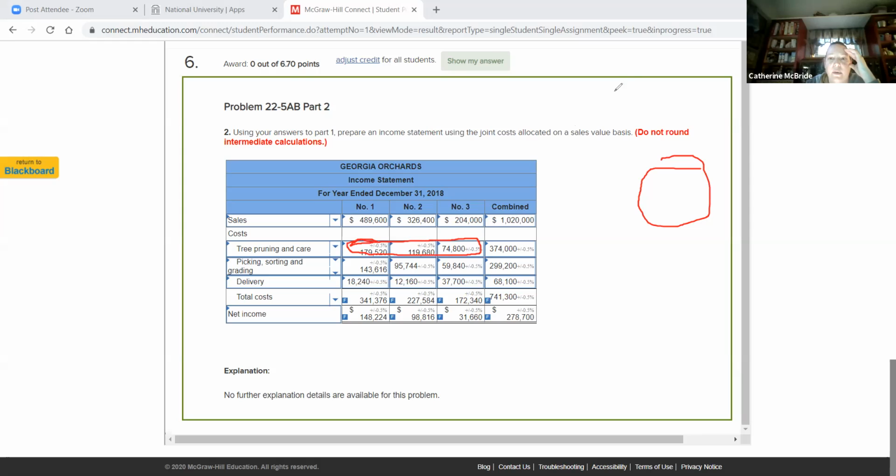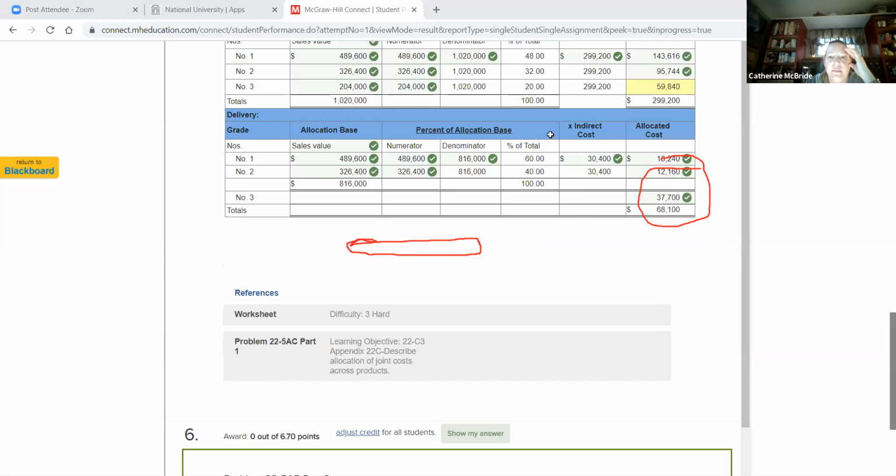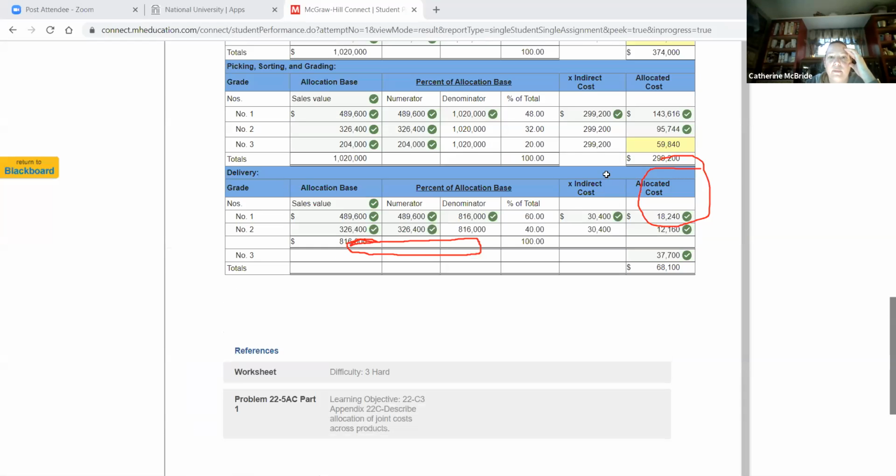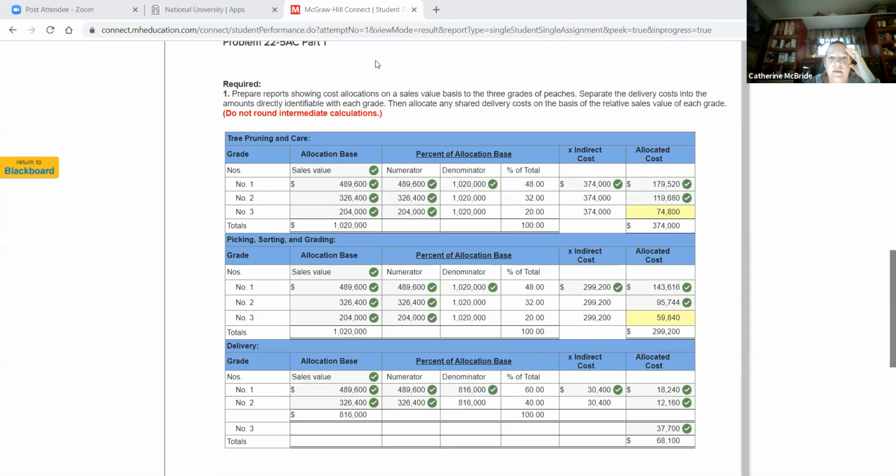And then when we go back up here for picking and sorting, the numbers that go on our income statement are these costs, 143, 95, and 59.